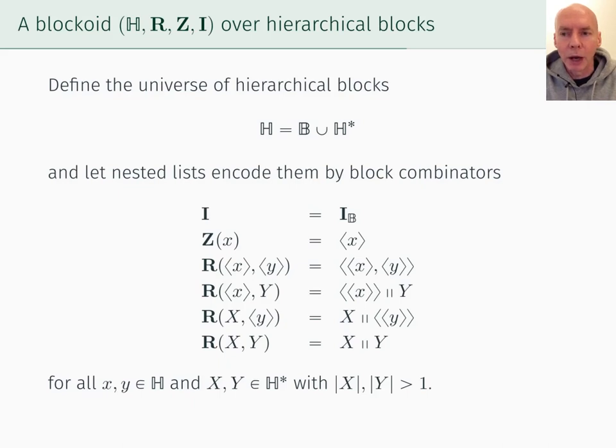So any primitive block is already a member of H, and any list of members of H is also a member of H. Then we use the unit list of a block X to indicate the Z operator applied to X, and any list of more than one block to indicate the rack operator folded over that whole list. Given those interpretations, these definitions of rack, Z, and I follow more or less automatically.